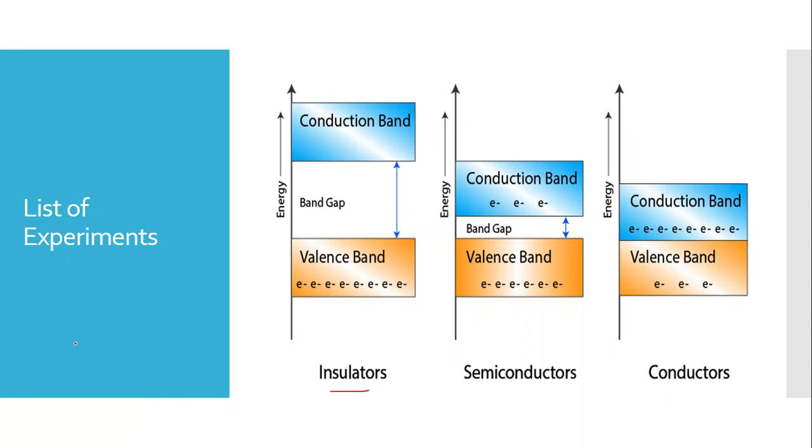Insulator, semiconductor, and conductor. In conductor, there is no band gap, so it can allow the current in either of the direction. In insulator, we have large band gap in between conduction and valence band, so it cannot allow the current to pass through it in any direction.